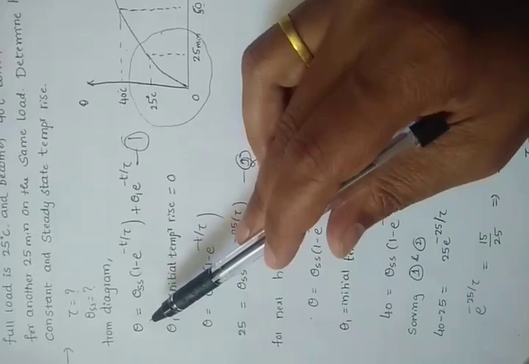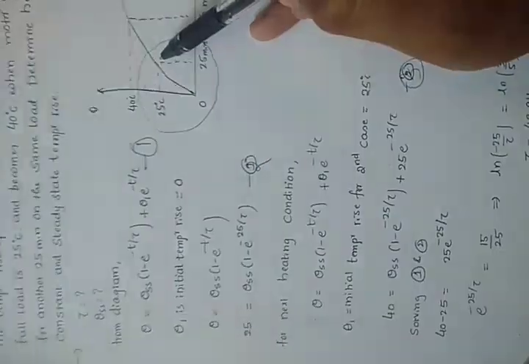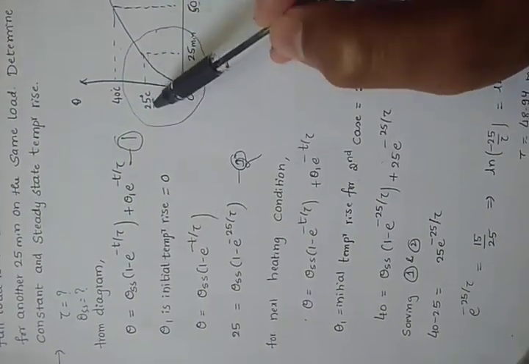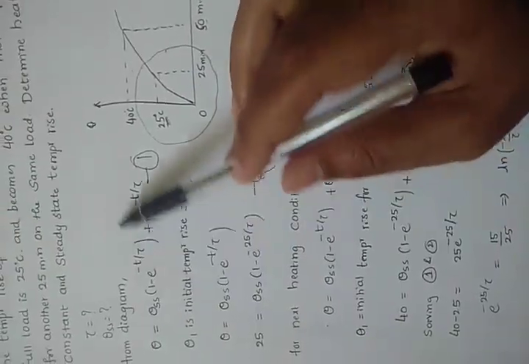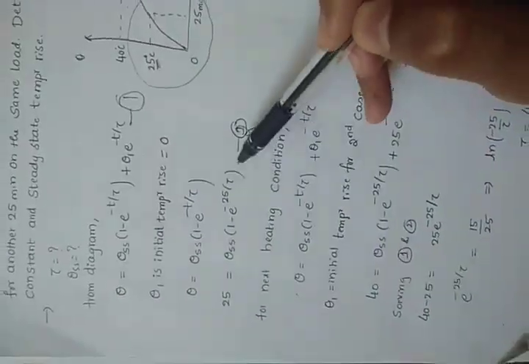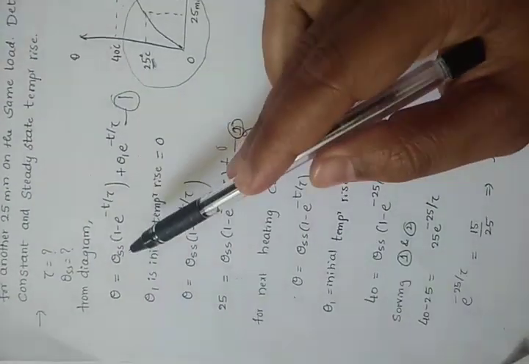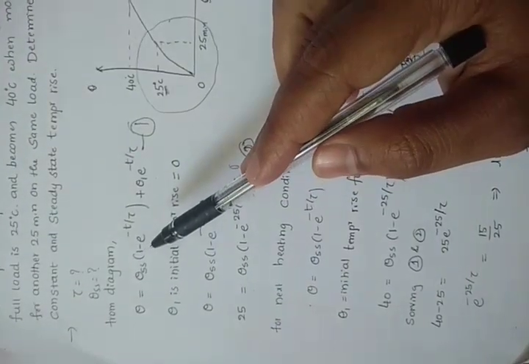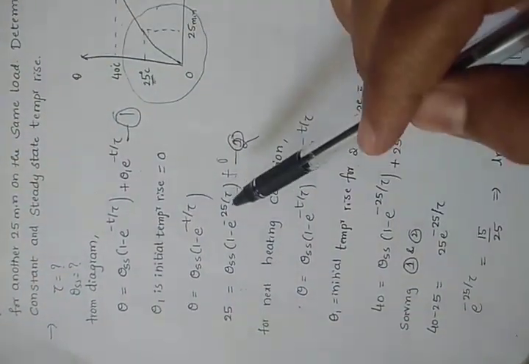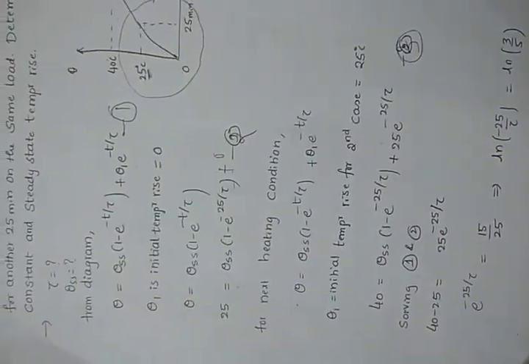Theta is the final temperature rise, which finally reaches 25 degrees Celsius. Initial is 0, so it is plus 0. Theta s we have to calculate, t is 25 minutes, and tau we have to calculate. This is the equation we have got for the first case.